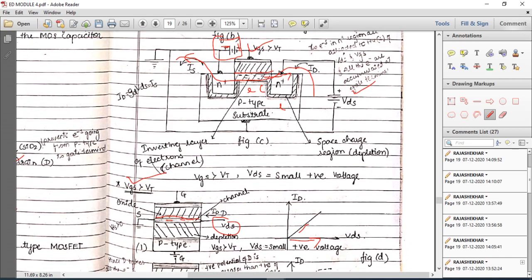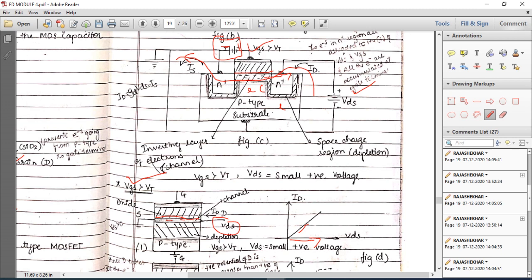So this is the depletion layer which is near to the channel. It starts moving towards the channel when I increase the drain voltage, because the potential of the drain becomes much larger than the potential of the gate.